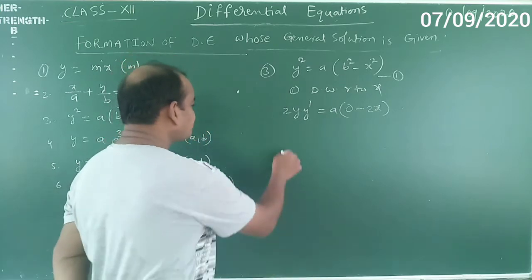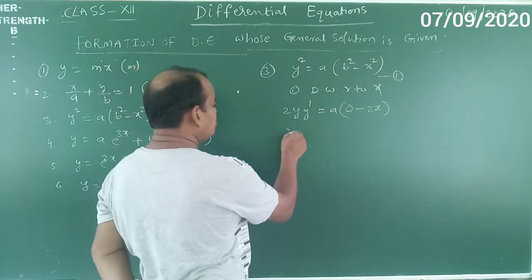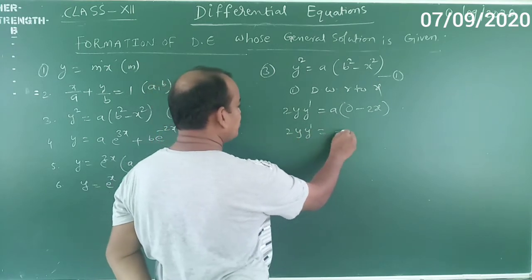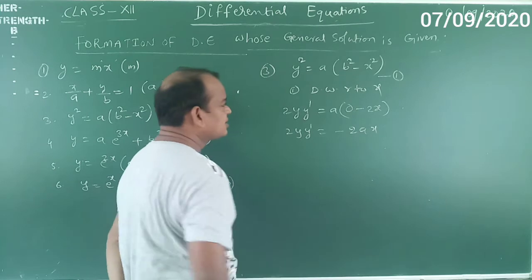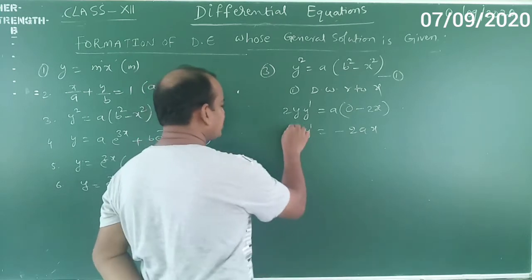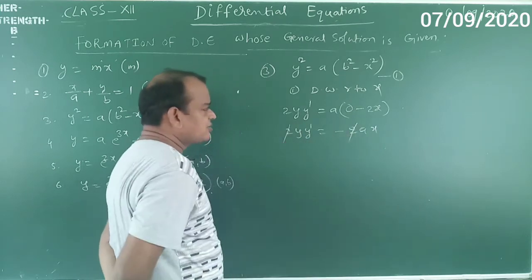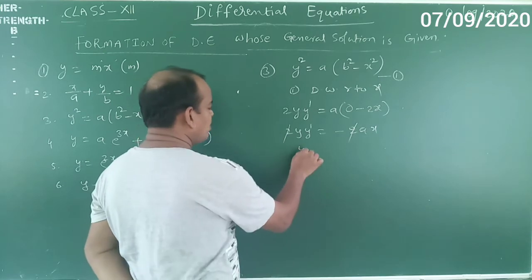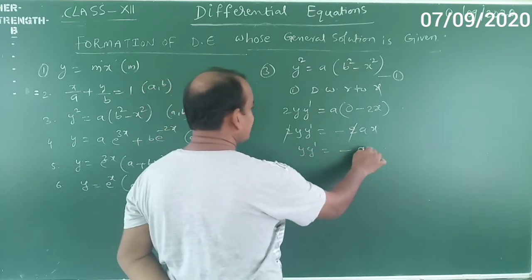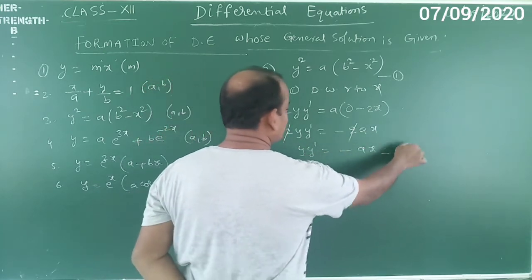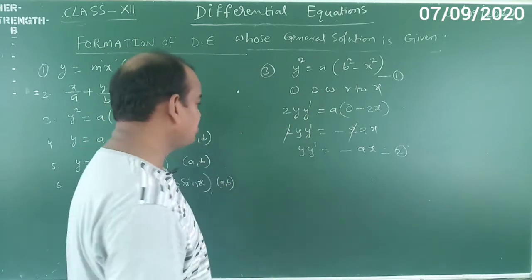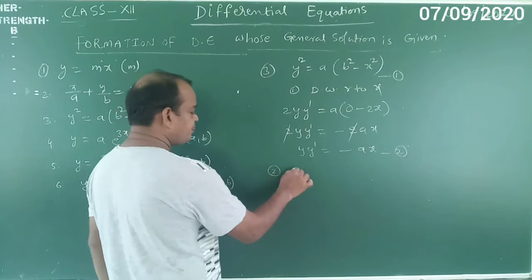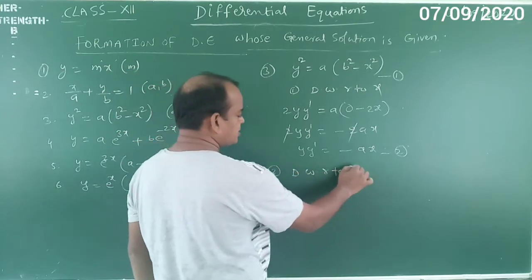Here 2y y dash = -2ax. Here the 2 cancels, my dear students. So y y dash = -ax. This is equation number 2. Now, how many times differentiation? Two times differentiation. Only one time is complete. Differentiate 2 with respect to x.